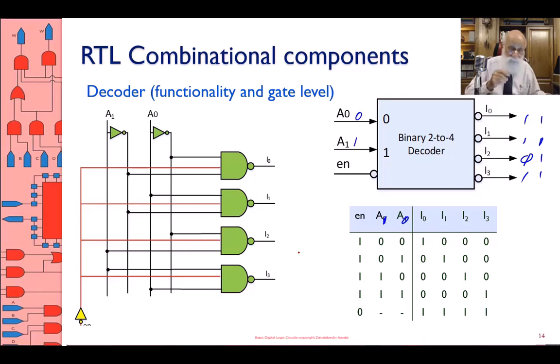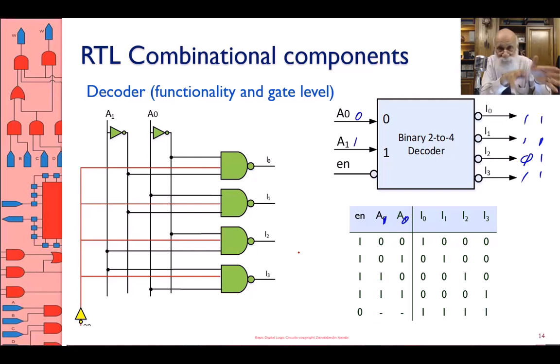I'm going to do something different now. I'm also going to make my enable input active low. There are electrical reasons for it. There are also logical reasons for it. The logical reason is, since my outputs are active low, if these outputs are going to drive enables of other decoders, the active low output and the active low enable will match, and I don't need extra inverters.